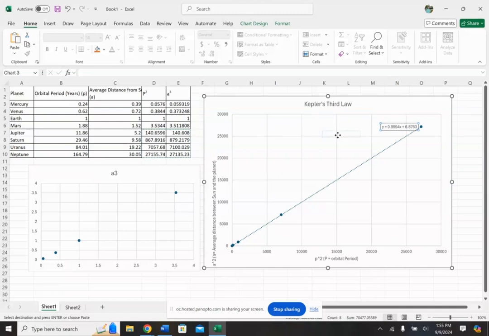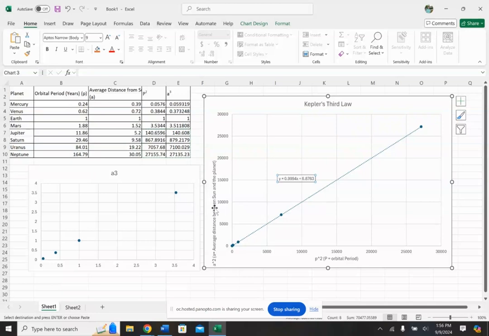Okay, if you come here, then you'll see the equation here. That's the equation of the graph. And what is this equation telling you? If you look carefully, I want to make it a little bigger so I can still read this one. So this equation tells you that P square versus a cube is a straight line.